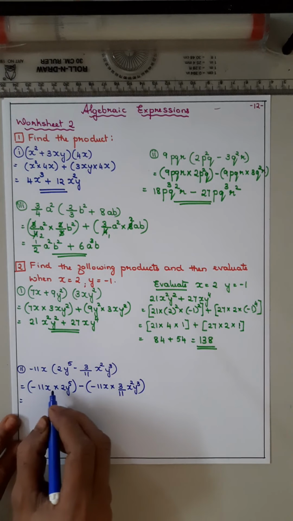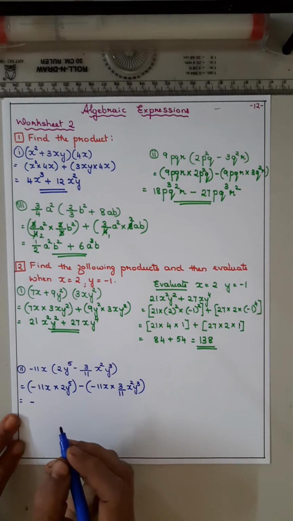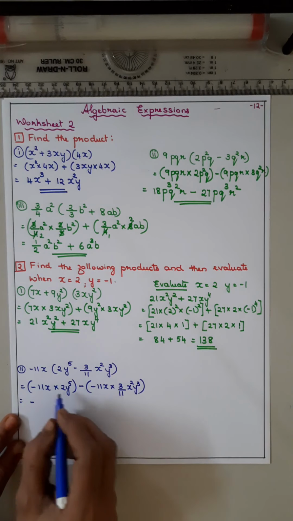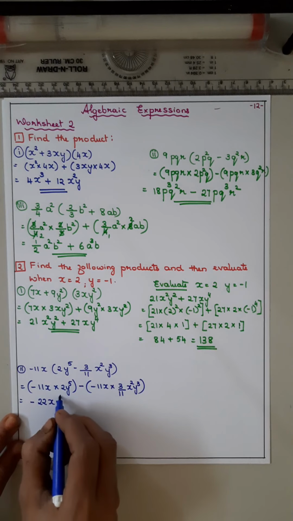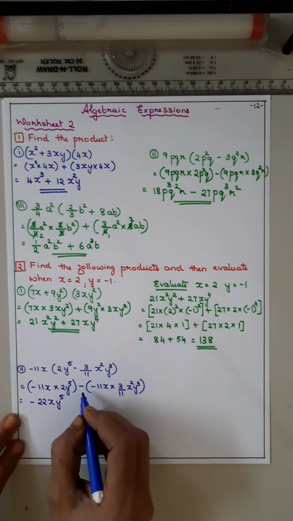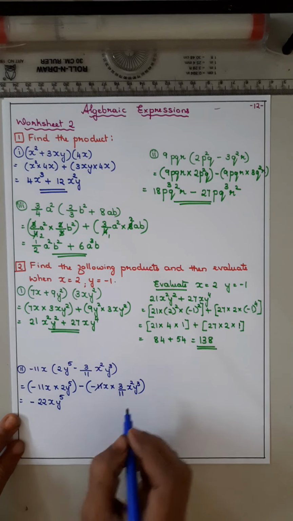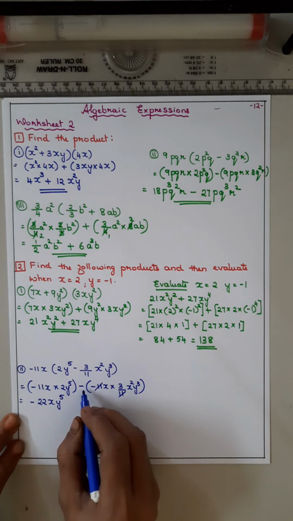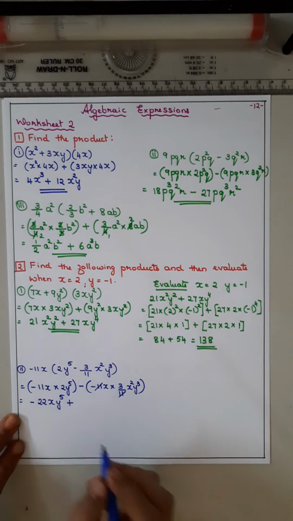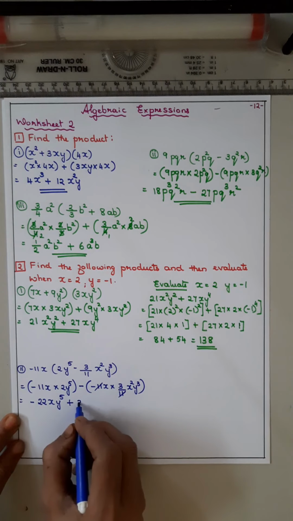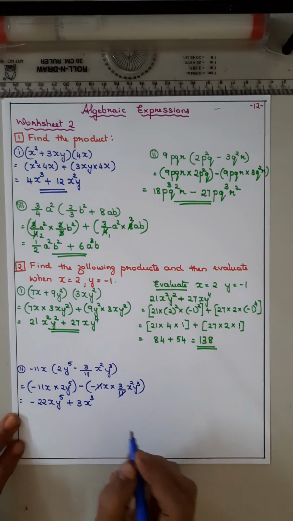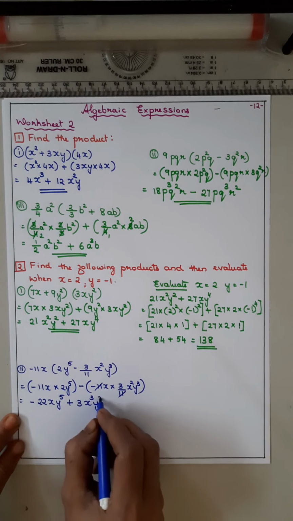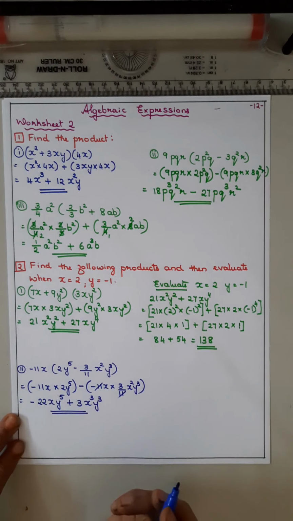Now negative, positive, the answer will be negative. Minus 11 2s are 22 x y to the power 5. Now here it will be 11 11 cut, but here it is negative, negative becomes positive. The number is 3. X squared will be x cube, then y cube. So this is the answer.